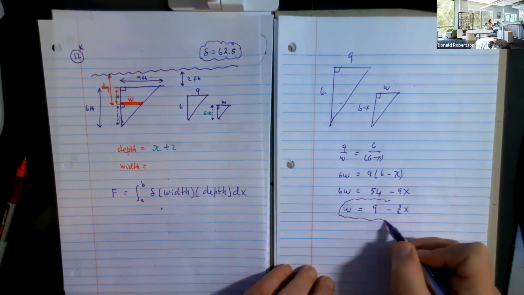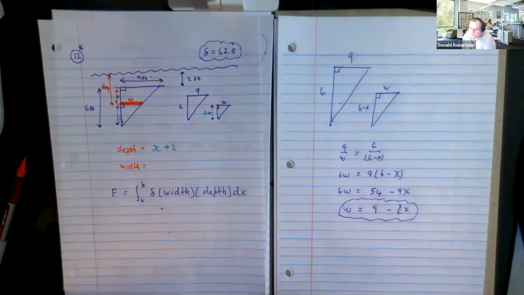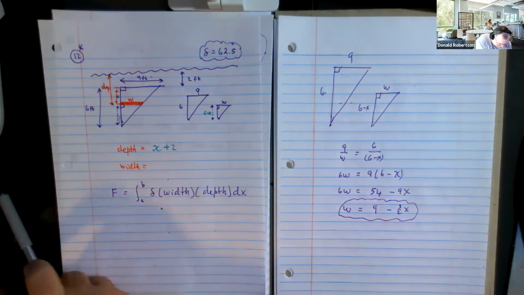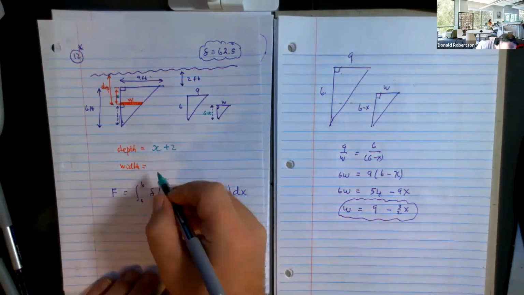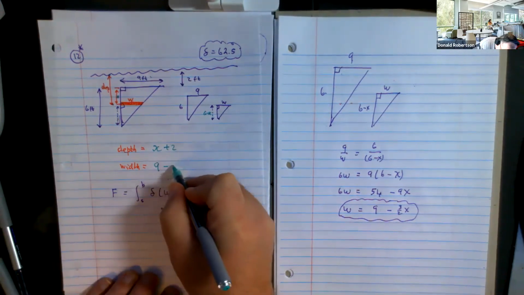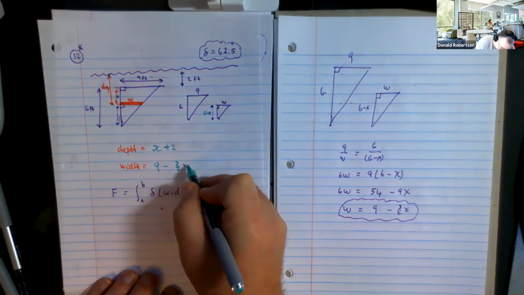Are you comfortable about how I found out what w is by using the similar triangles? Which means that we now have 9 take away 3 over 2x.